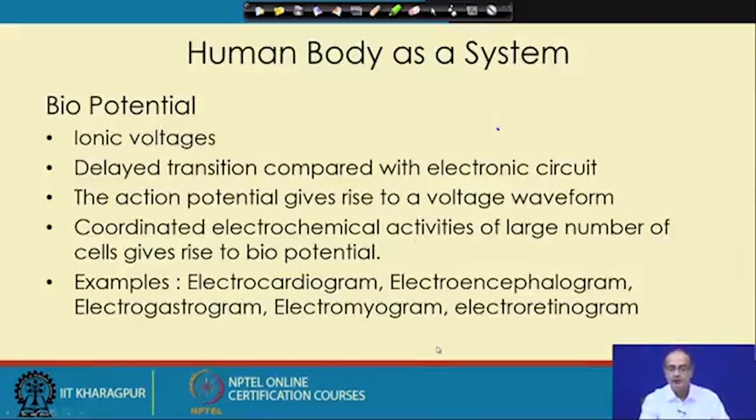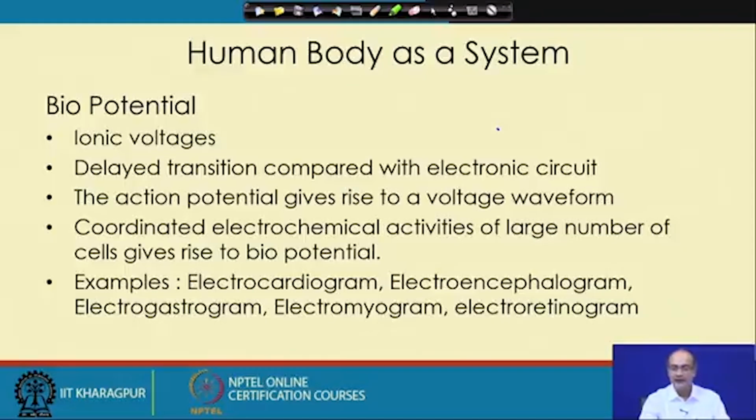It gives rise to a voltage waveform because it acts like a battery, and there is a coordinated electrochemical activity of a large number of cells to get this biopotential or to record it. Each of these cells can provide very little energy or current.